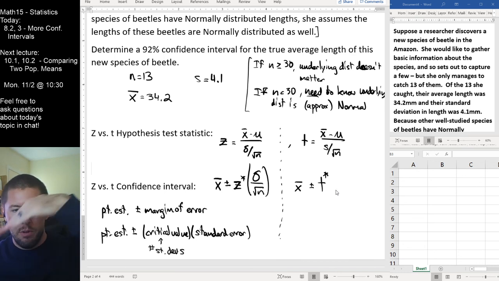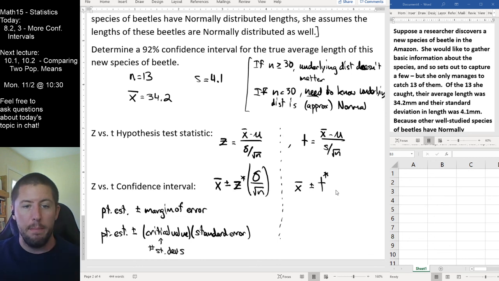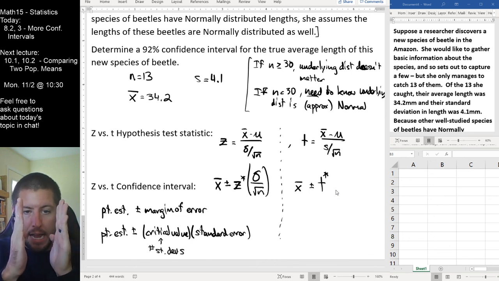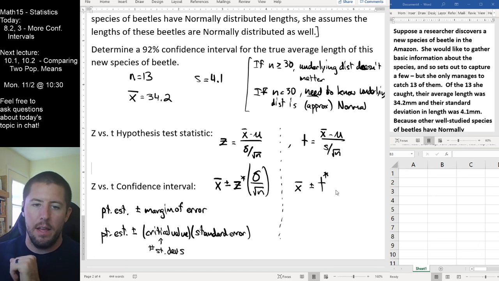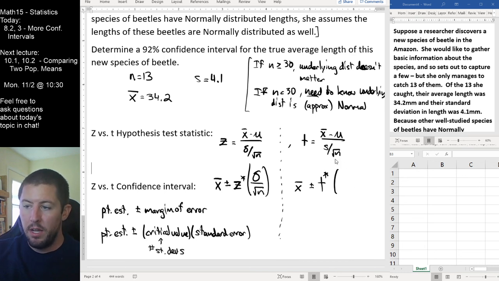In a T distribution, which is still relatively bell-shaped, there is a middle 92% of the data, and we're always going to look for the T value that is the cutoff between the middle percent and the upper tail. That's what we're always calling T star. We then multiply by the length of one standard deviation according to our sampling distribution, and the only difference is it's S over root n instead of sigma over root n.